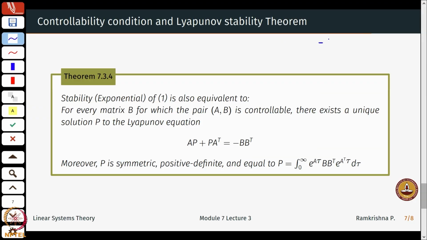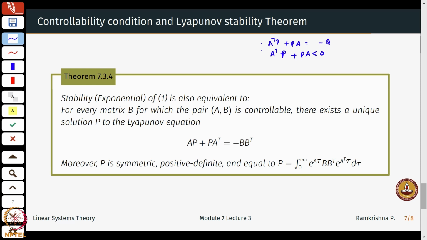So, given a Q, A transpose P plus P A equal to minus Q, this also meant asymptotic stability or exponential stability. Similarly, with A transpose P plus P A less than 0, all these were equivalent, starting from eigenvalues being less than 0 to asymptotic stability, exponential stability, and these two things. So, in addition, we have this one.